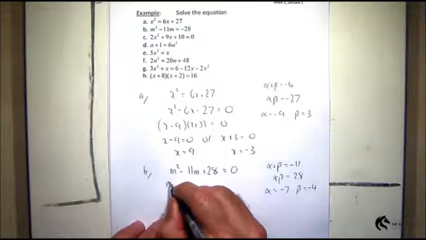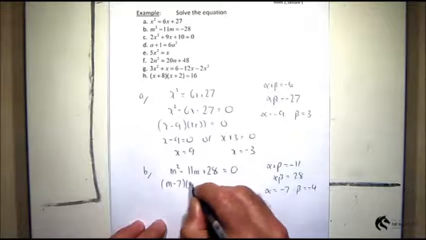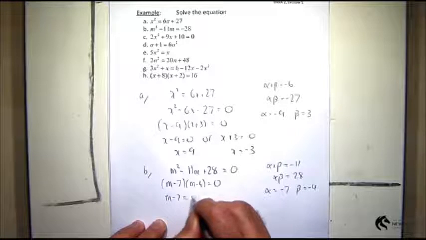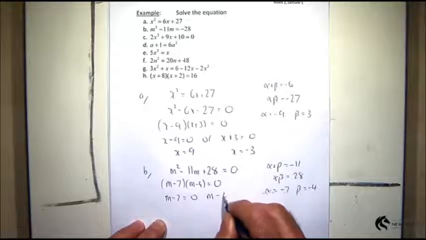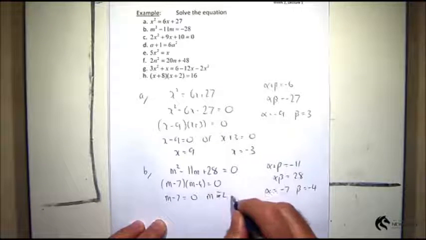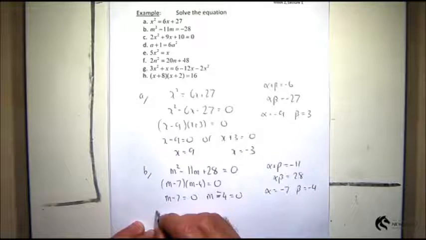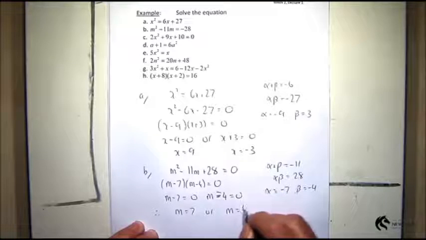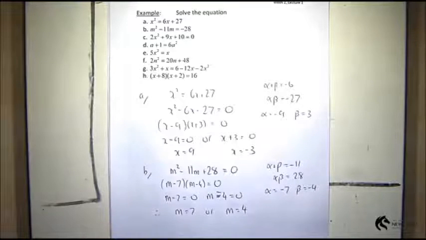I've got m minus 7 equal to 0, or m minus 4 is equal to 0. So therefore I have m is equal to 7 or m is equal to 4. So if you can factorise the quadratic trinomial, then you can solve the quadratic equation, is the moral of the story.